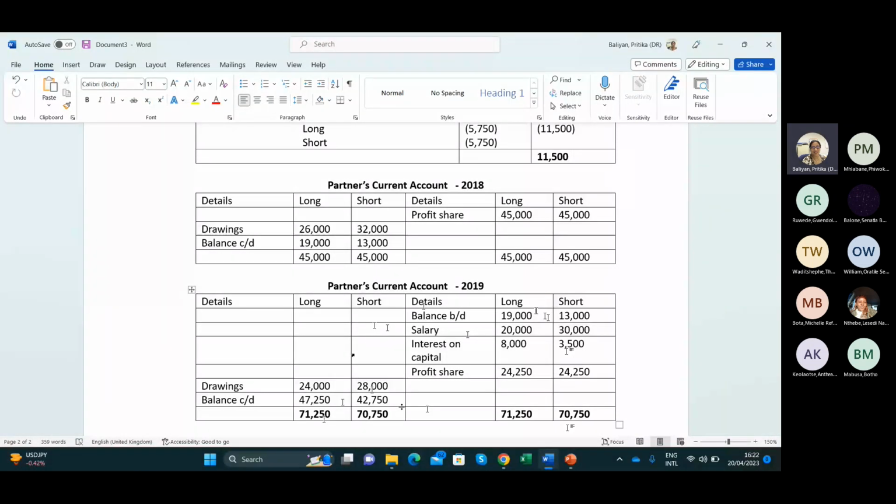Will you be able to prepare the partners' current account for year 2020? Will you try to make it for partners 2020? Yes, ma'am.